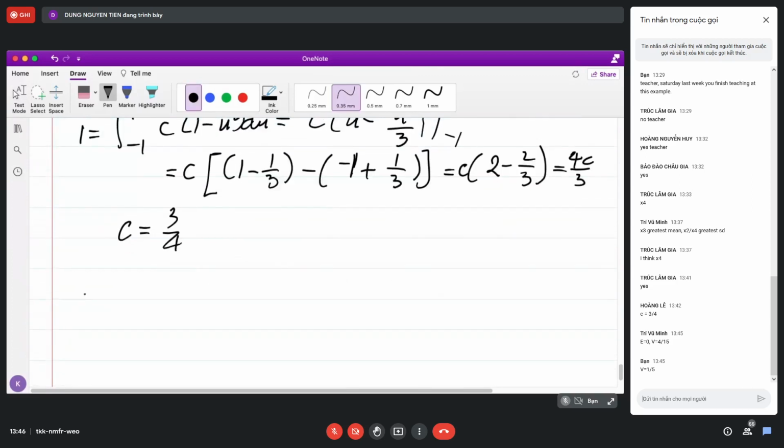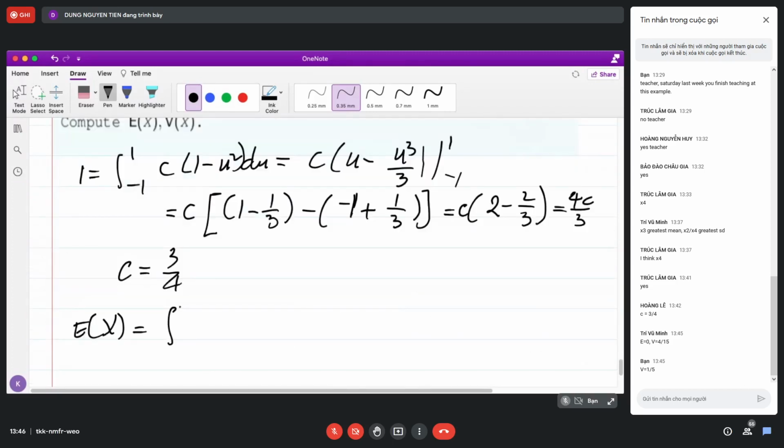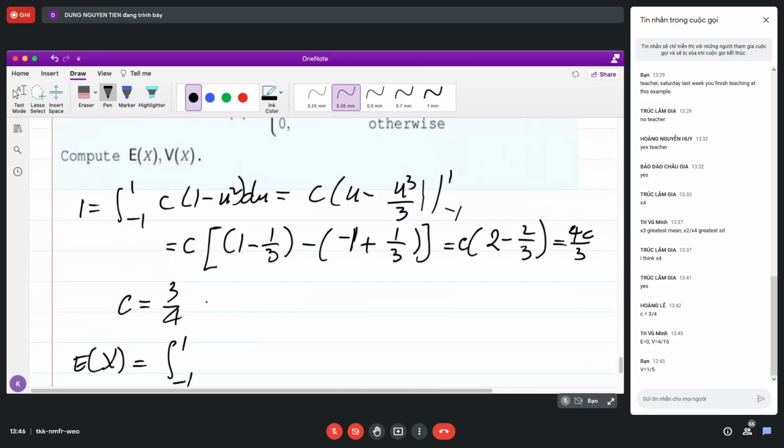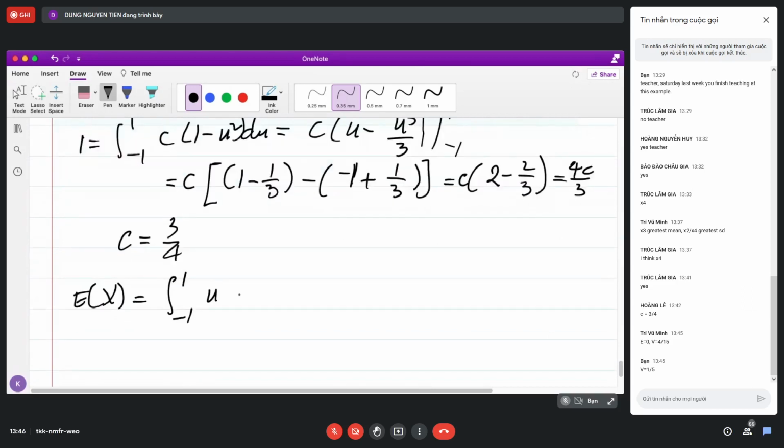And then you are ready to find the mean value of x. The mean value of x is the integral from -1 to 1 of the function u times f of u du.